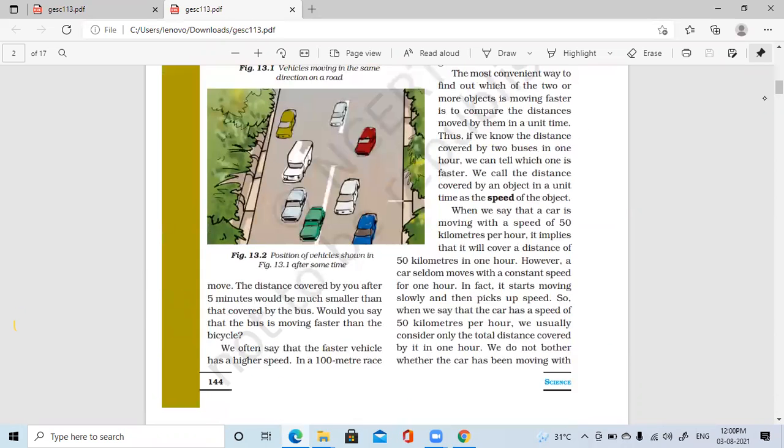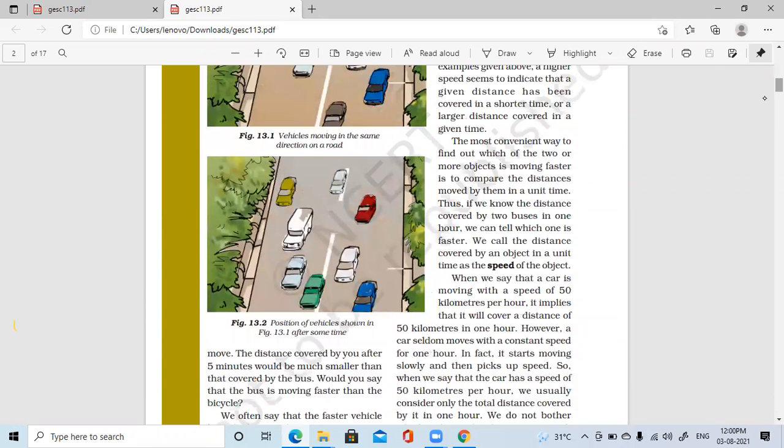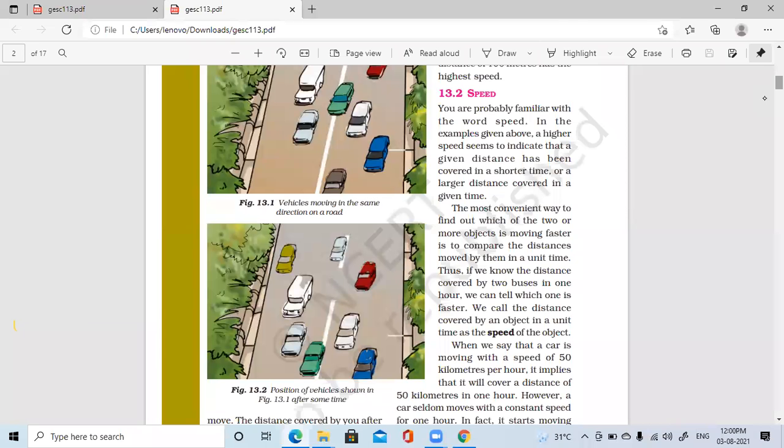So it's easy for us, when the vehicles are moving in the same direction, to identify which vehicle is moving faster than the other. So which physical quantity do we call this? That is speed. A higher speed seems to indicate that a given distance has been covered in shorter time.